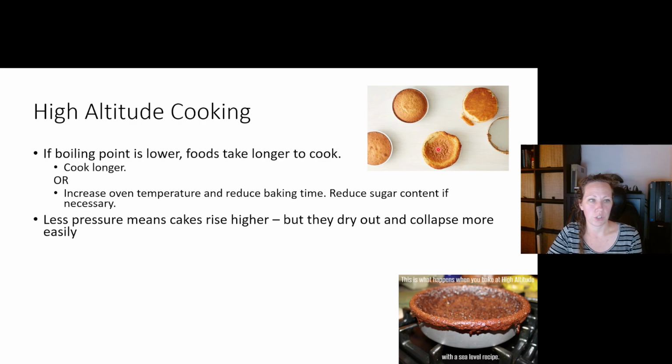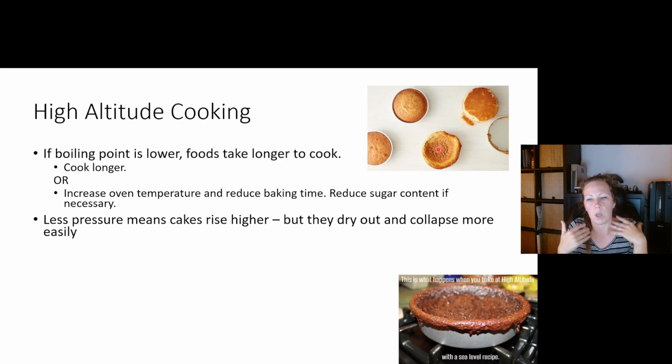Okay, so less pressure also means that cakes are going to rise higher, right? They don't have the pressure pushing down on them. And so when they are producing those gases from the leavening agents, they're going to be able to rise higher. Now, they're not going to stay high necessarily, though, because they only have the structure for a certain height, and it's being expanded and kind of stretched thin.